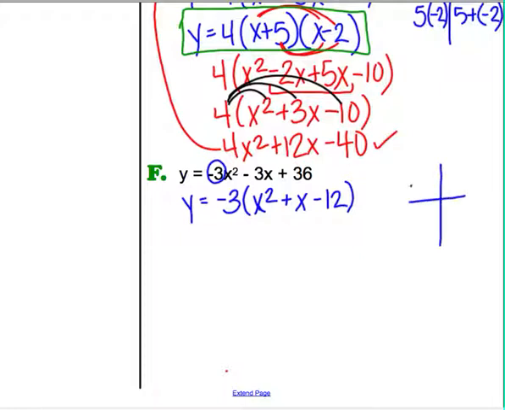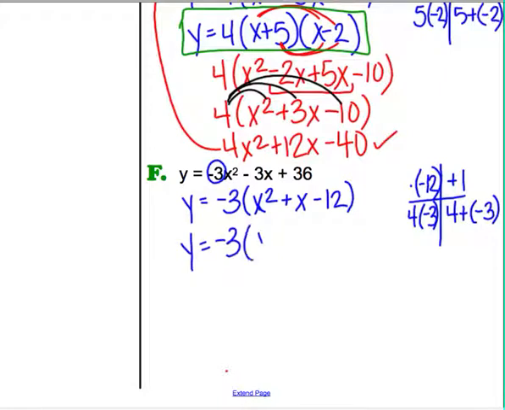I need to multiply to negative 12, and I need to add to 1. And I need to add to 1, which means I need my bigger number to be positive, because I need two numbers that are opposite signs, which means I'm going to have 4 times negative 3, because 4 plus negative 3 does in fact give me 1. So that means I have y equals negative 3 times x plus 4 times x minus 3.